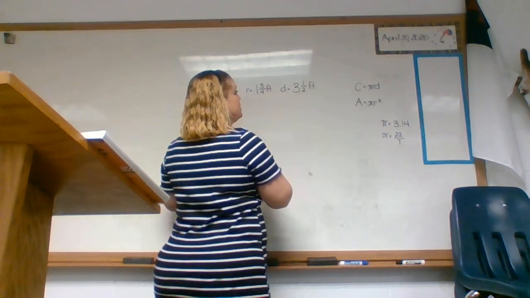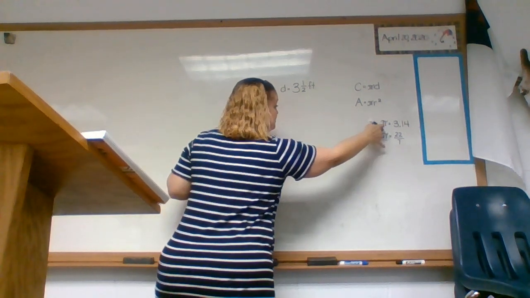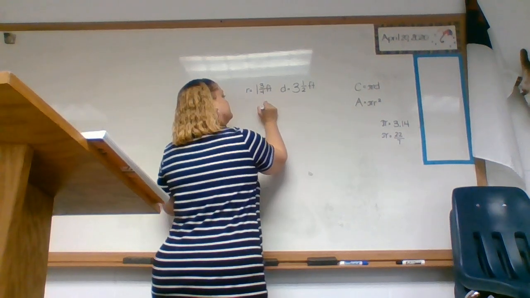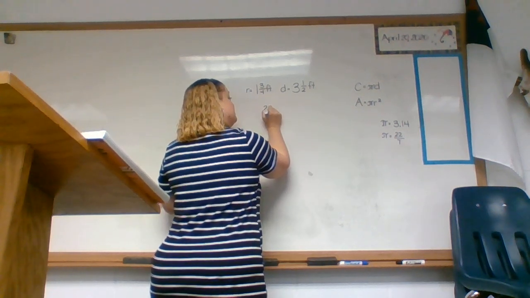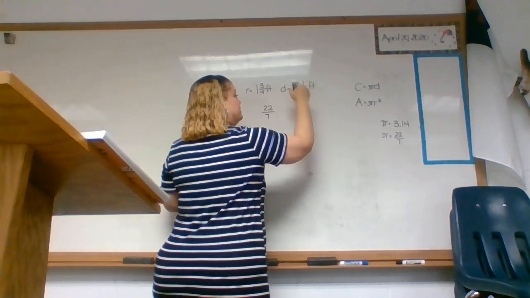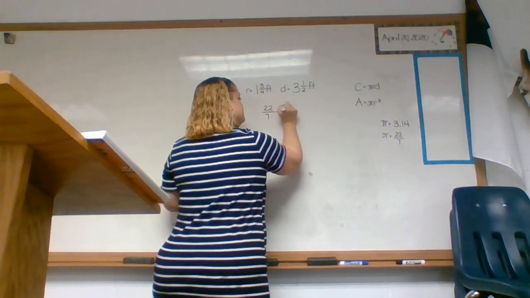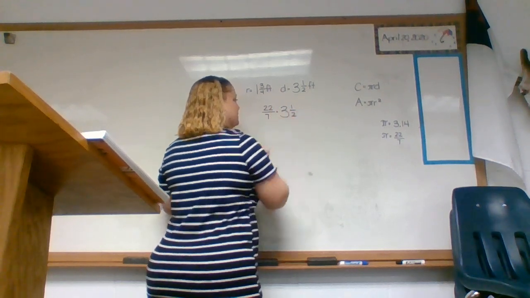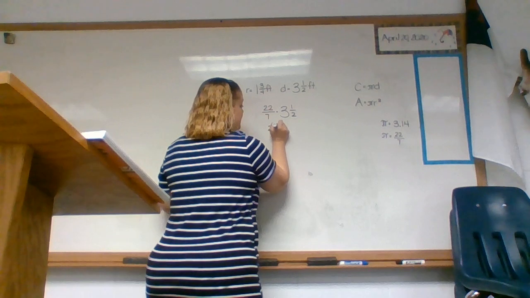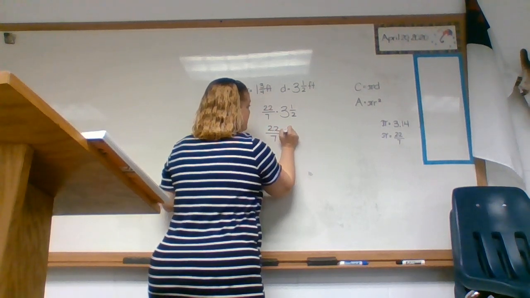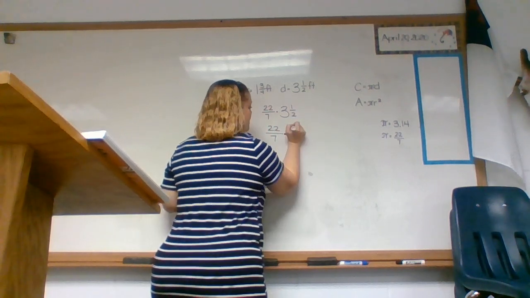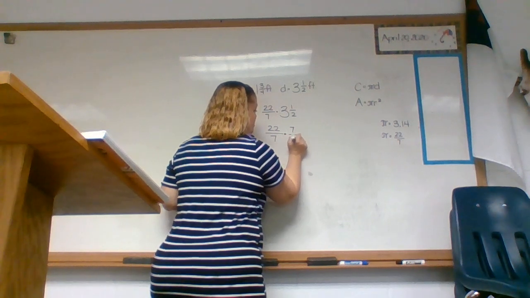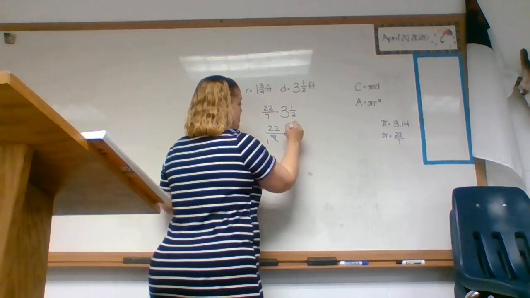So let's find circumference. It's pi, 22/7, times diameter. So let's do 22/7 times, making this an improper fraction again, 7 over 2. Oh, thank goodness we can cross cancel.